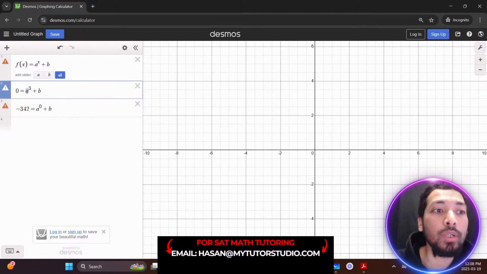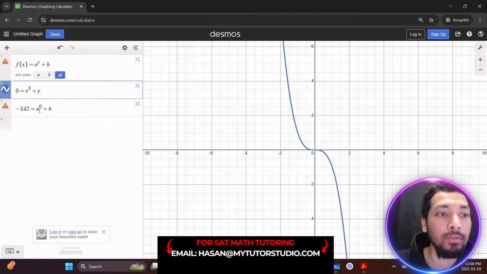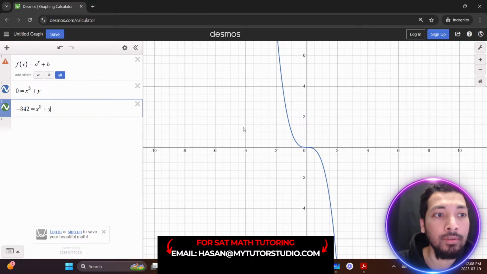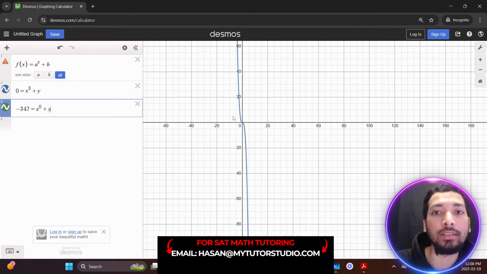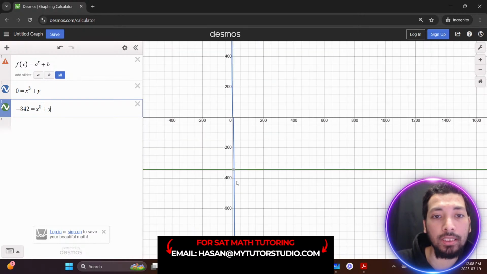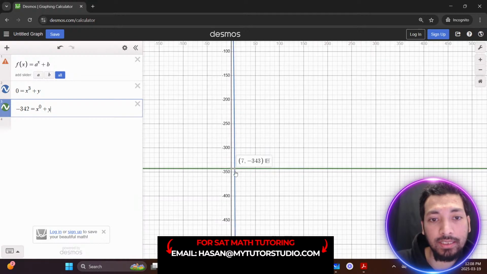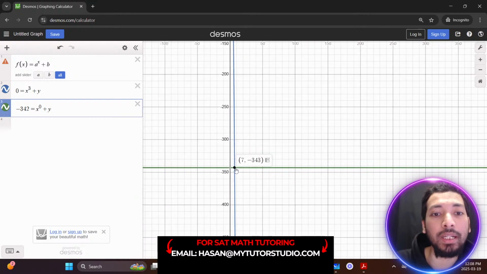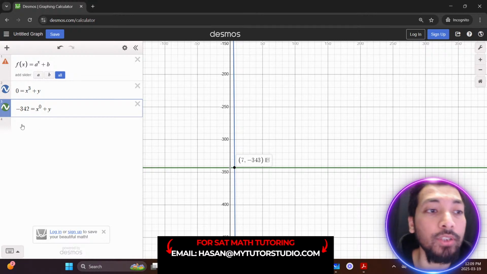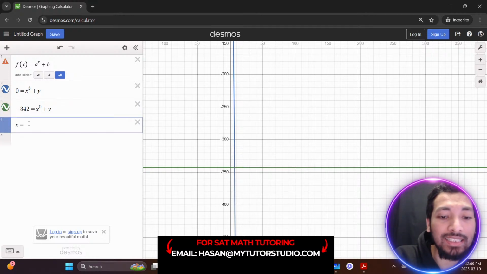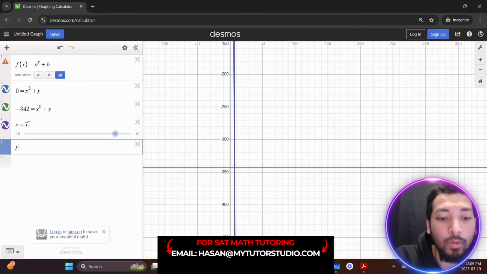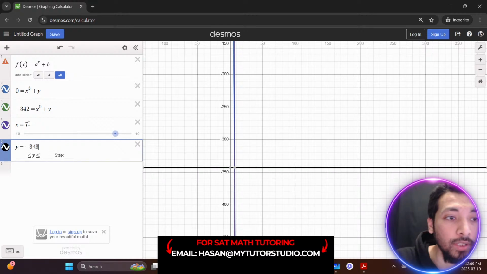What you can simply do is just replace this with x and y. Replace this with x and y. Let's see if we find the meeting points here. So exactly, you can see that these two lines are meeting exactly here, which is 7, comma negative 343, which means x is 7 and y is negative 343.